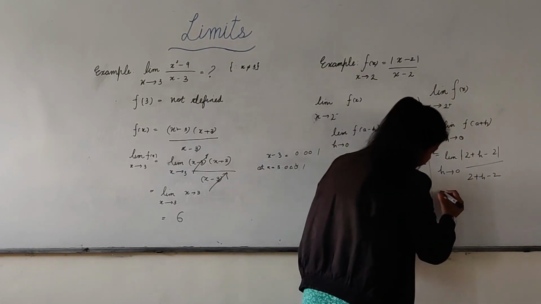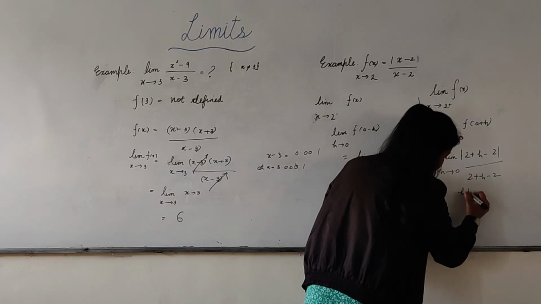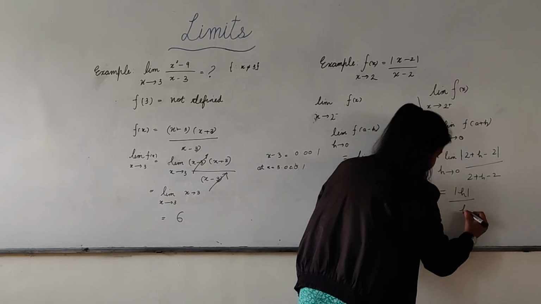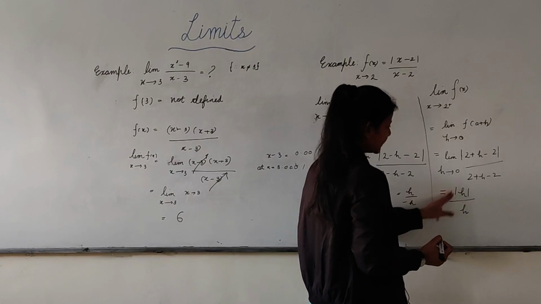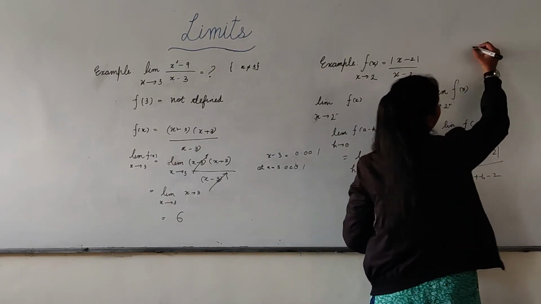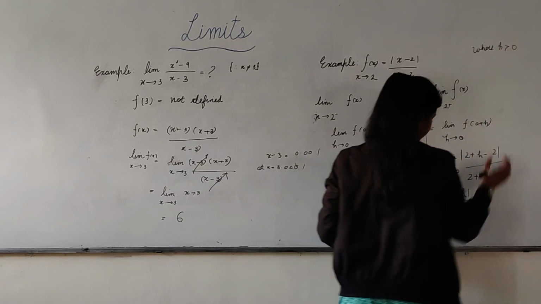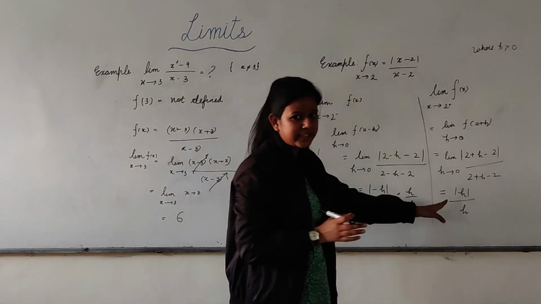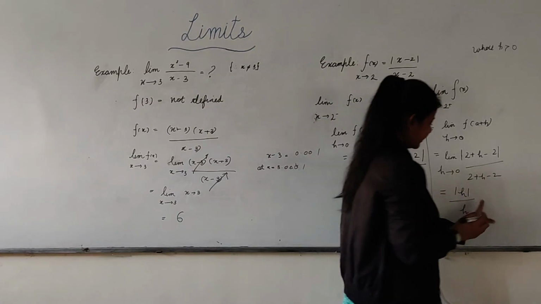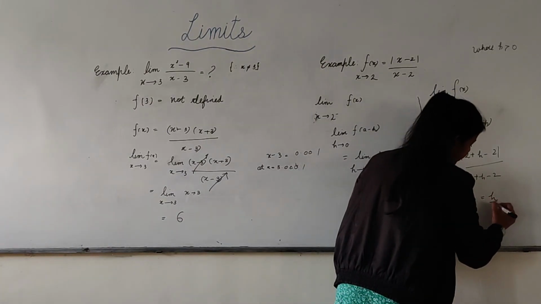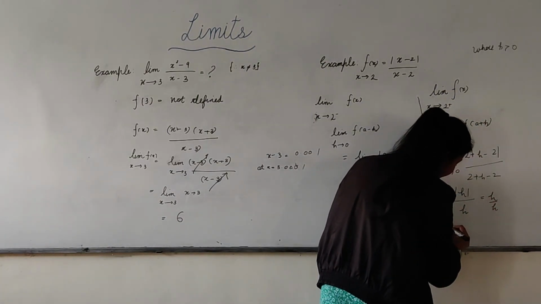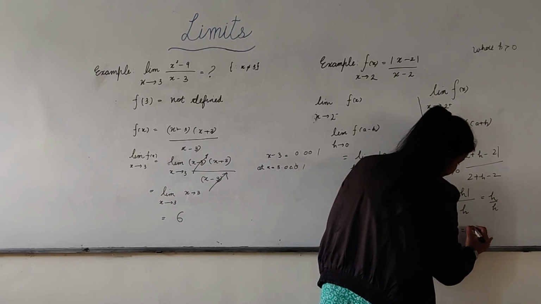Calculating it further, we get modulus of h upon h, which cancels out as h is a positive number. So the modulus of positive h is h itself. So h upon h, we get RHL equals 1.